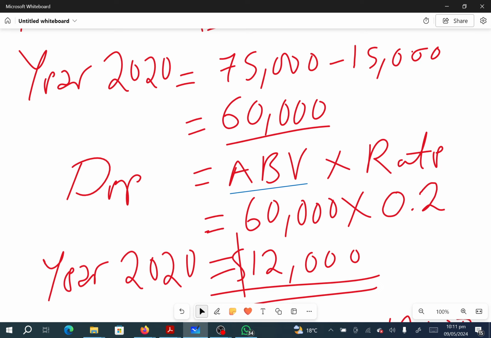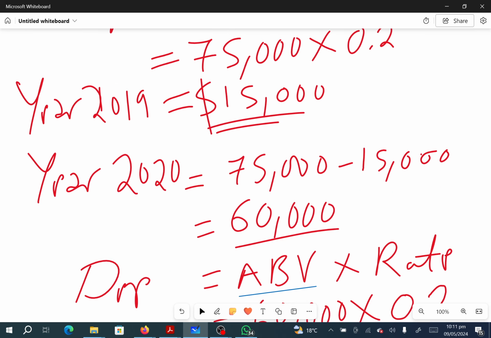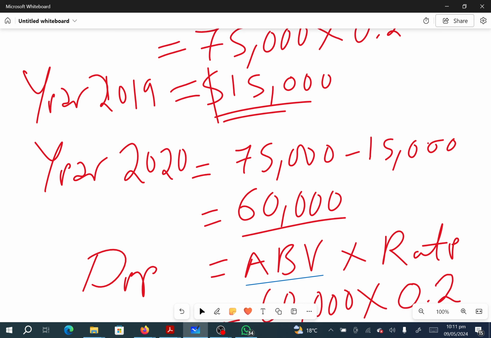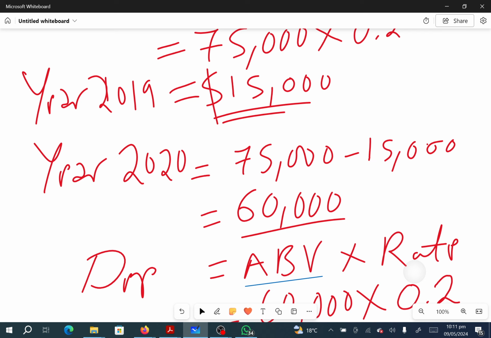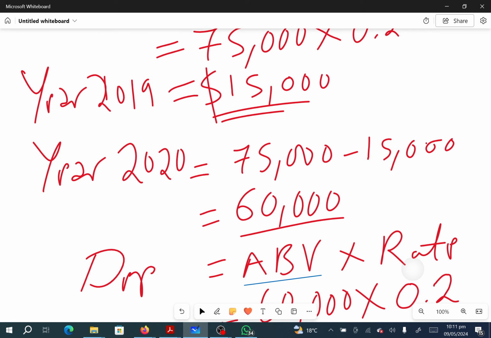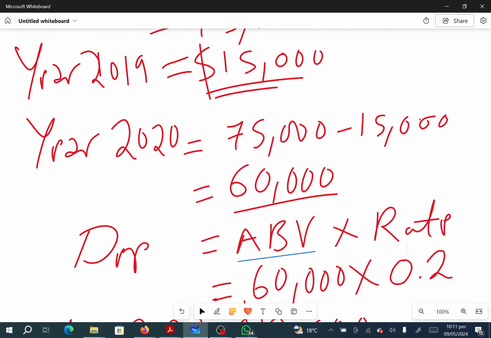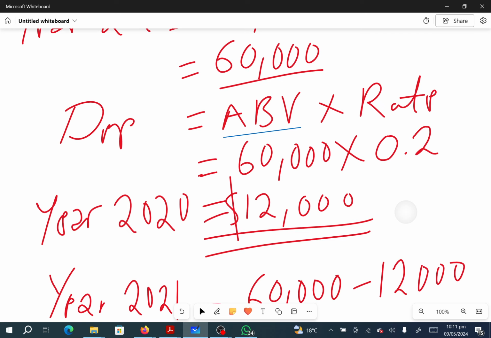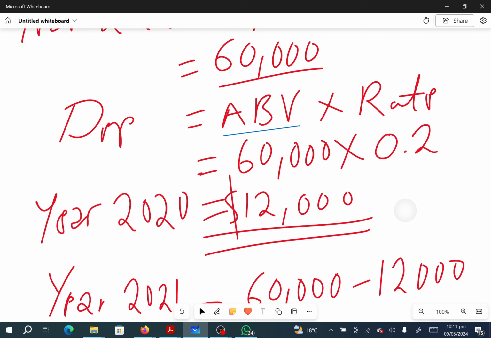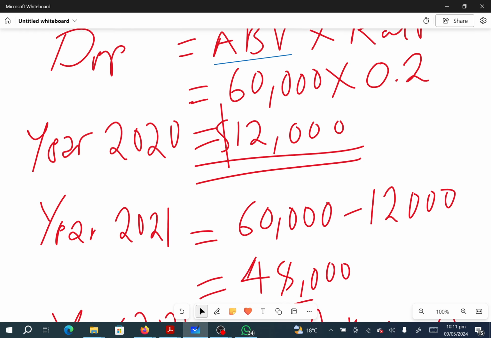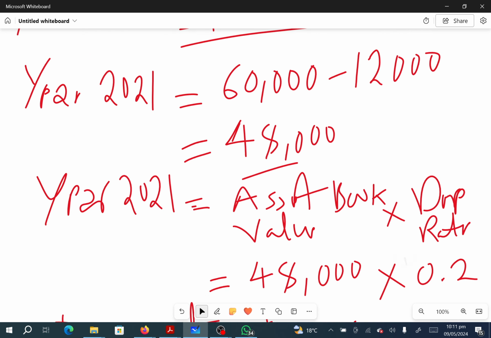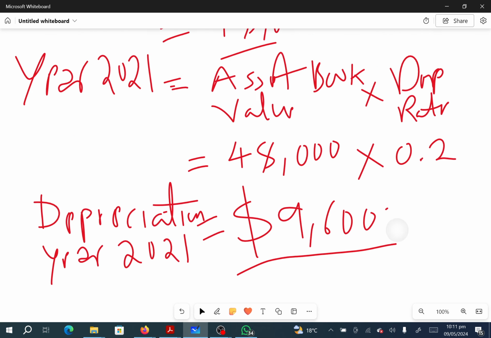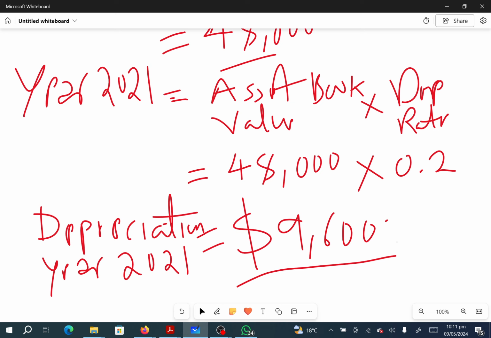What I want you to look at is that in year 2019 the depreciation was 15,000, but in year 2020 the depreciation came to 12,000. Then in year 2021 the depreciation came to about 9,000.